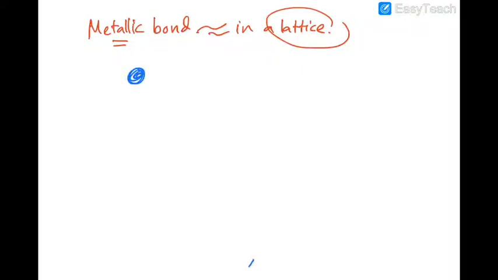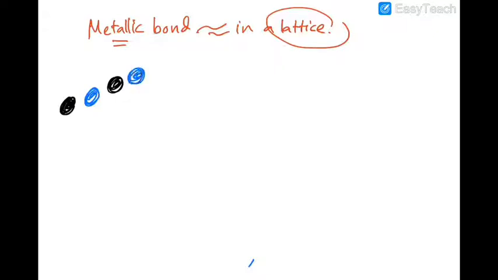charge and negative charge. If you remember the picture before, they are not alternating like this in, for instance, a cubic lattice. For metallic bonds, it's not like this.